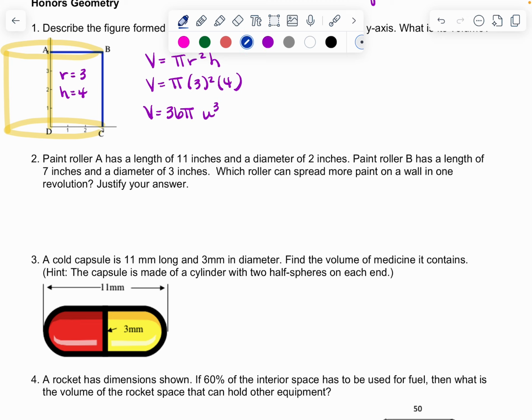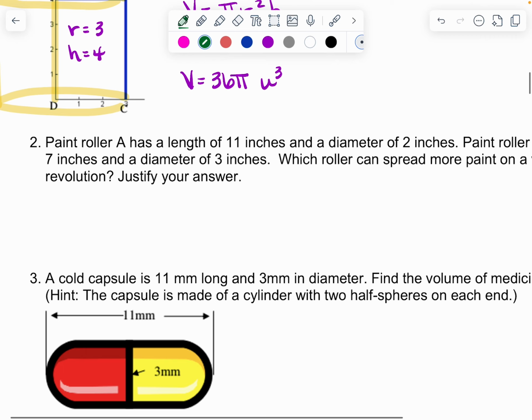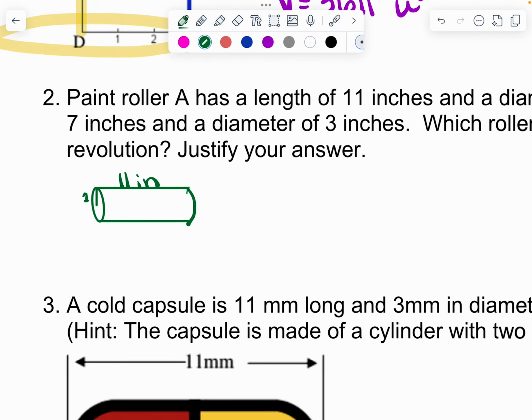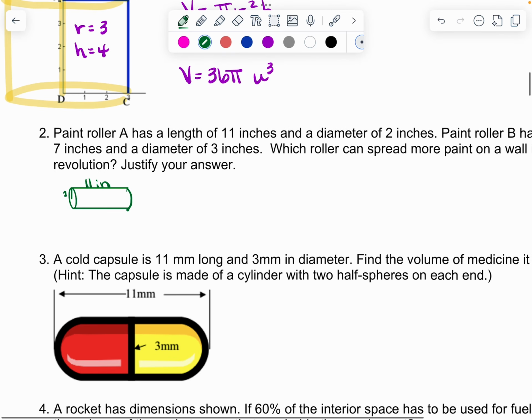All right, number 2. Paint roller A has a length of 11 inches. If you're not familiar, which I'm sure most of you probably are, a paint roller is a cylinder. I know that's kind of crooked, but that's okay, we'll live. So here's the little paint roller, it's a cylinder, and it has a length of 11 inches and a diameter of 2, which of course means the radius, which is what I really care about, is 1.